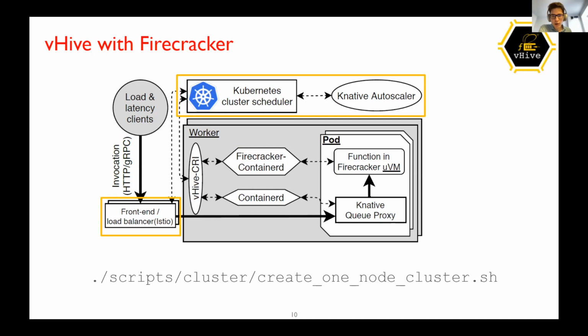So the thing is MicroVMs have limited capabilities compared to containers. For example, Firecracker does not support mounting arbitrary volumes like virtual disks into Firecracker as a container would support.